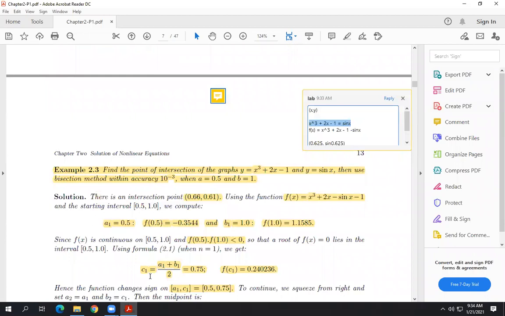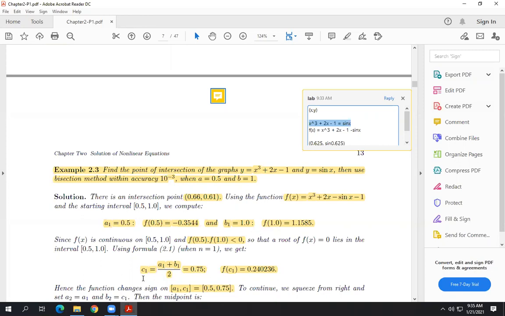Now you find the first approximation: a1 plus b1 divided by 2, which is 0.5 plus 1 divided by 2, equal to 0.75. And we have the first approximation. But we need what? The second approximation. We have to use the formula one more time here. Now we have at a1 negative, at b1 positive.